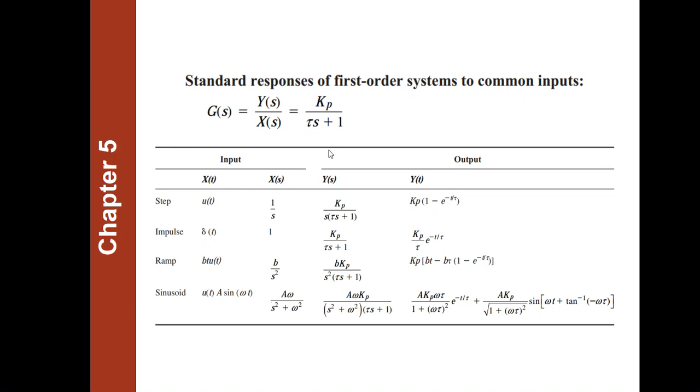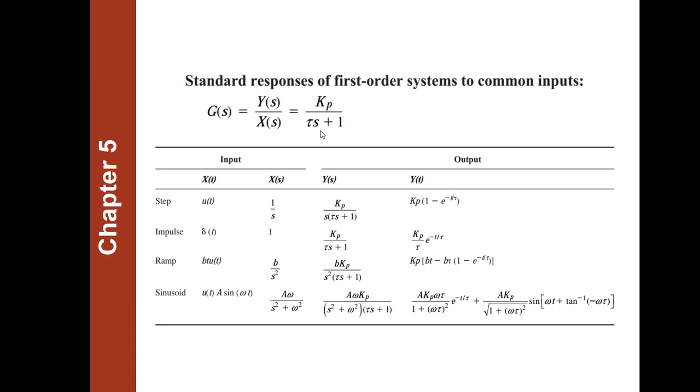This is the transfer function after you have multiplied it with the Laplace transform of the forcing function. And when this is inverted, this is the corresponding response. Since we're looking into standard responses of first order systems only, this is the generic representation that we will use for the transfer function of a first order system.